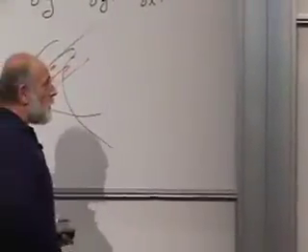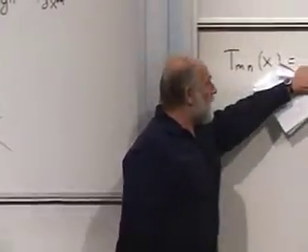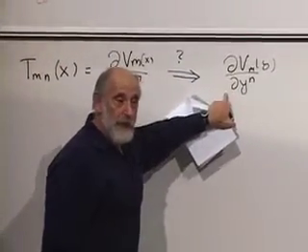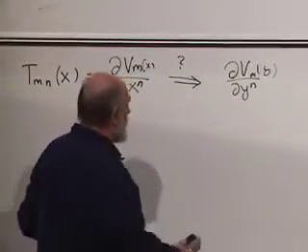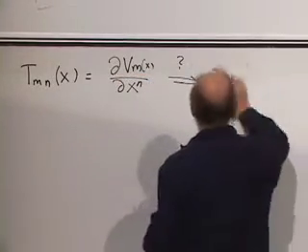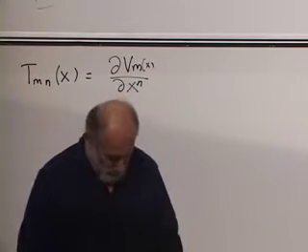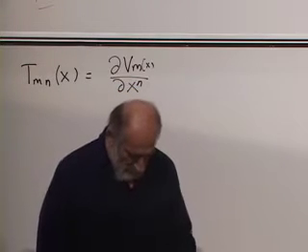If I try to transform this object, pretending it was a tensor, I will not get the set of components which look like that. So let's go through it. It's worth our while to do it. I could just tell you what the answer is, but let's do it with some care. Okay.